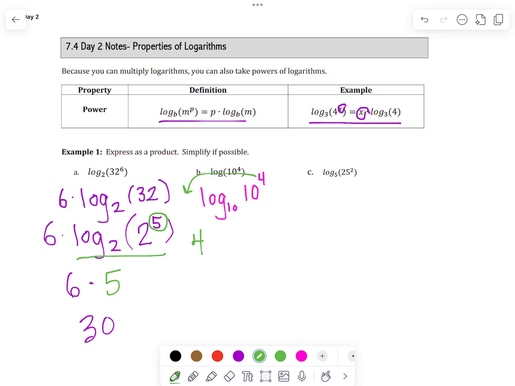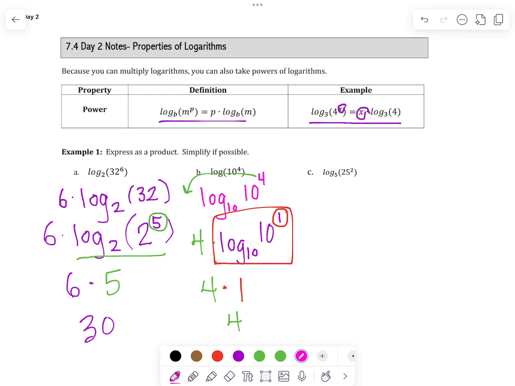So that's 4 in front times the logarithm base 10 of 10 to the 1st power. So these are inverses of each other, so we're just left with the number 1. And we multiply it times 4, so 4 times 1 is 4.